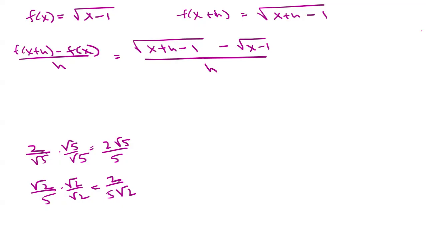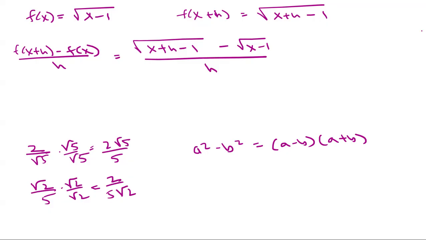But in this case, we're going to do something similar, and instead of calling it rationalizing, we're calling it multiplying by the conjugate. So remember, if you have a squared minus b squared, if you were to write the formula for this or factor that out, that'll be a minus b and then a plus b, right? So if we multiply this out, it gives you a squared minus b squared.